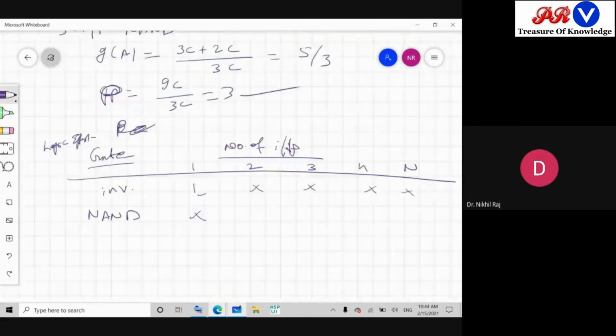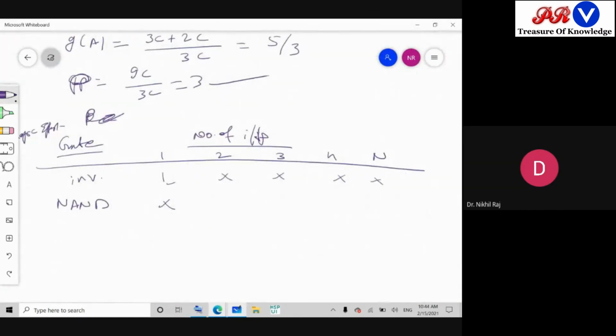You can do this without drawing the diagram, just in the mind. So it is 4 by 3. For 3 inputs, we have seen it is 5 by 3. Similarly for the NOR gate, with 2 inputs it was 5 by 3. With 3 inputs, it is 7 by 3. With 4 inputs, it will be 6 by 3 for NAND, and for NOR it will be 9 by 3.